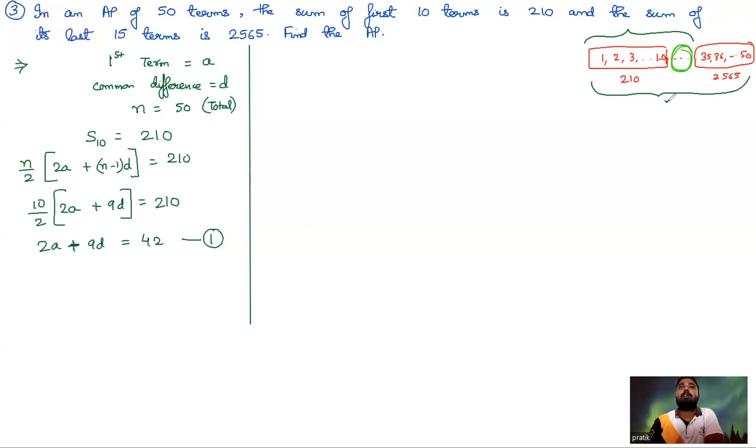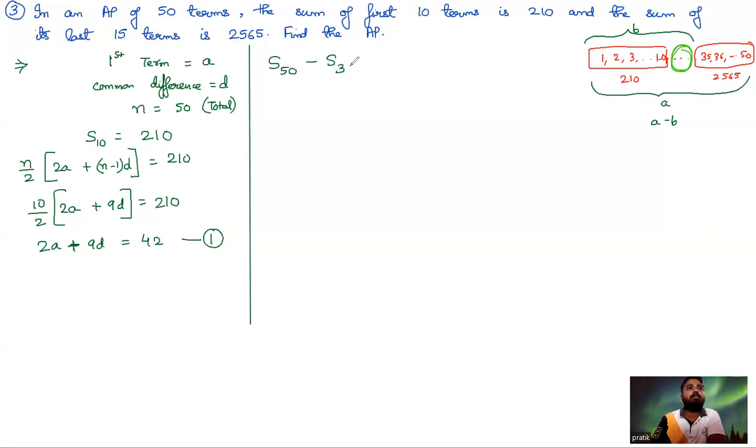If this is A and this is B, I can do A minus B to get the sum of the last 15 terms.